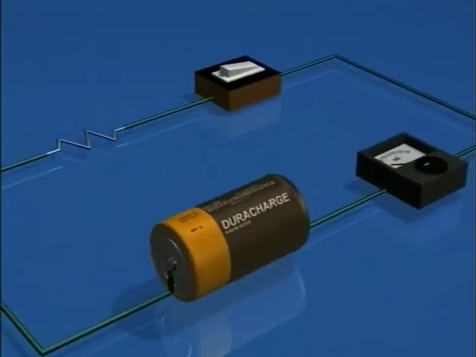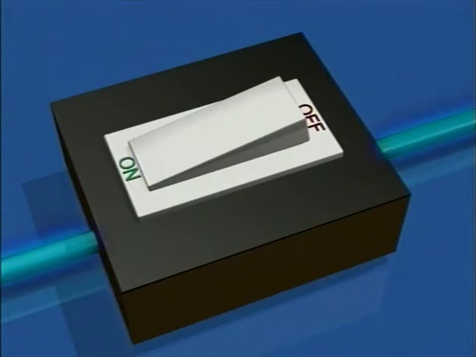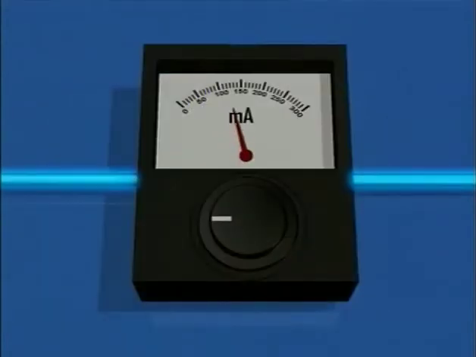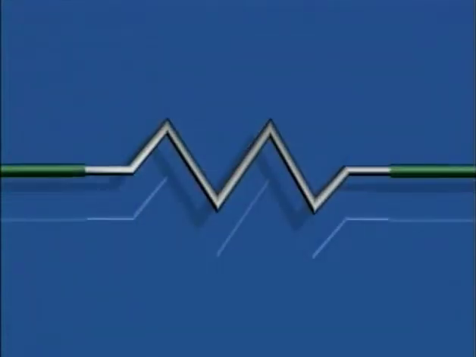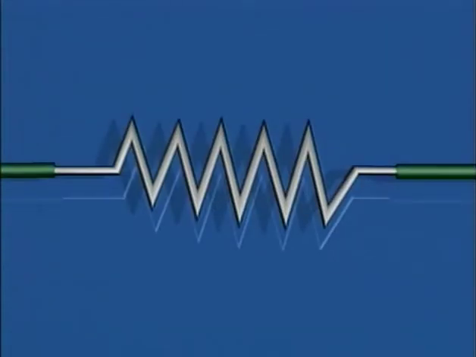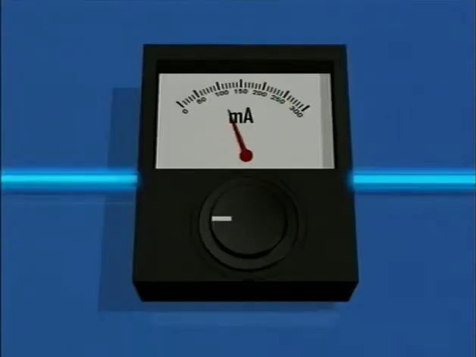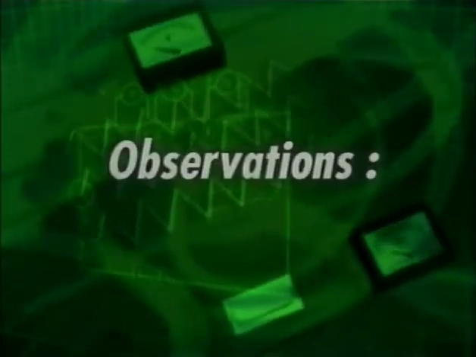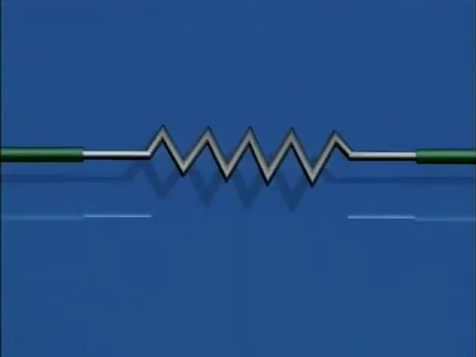We connect the circuit. Now, plug the key and note the current in the ammeter. Now replace the nichrome wire by another nichrome wire of different length and again note the ammeter reading. Observations. It is observed that the ammeter reading is different for different length.